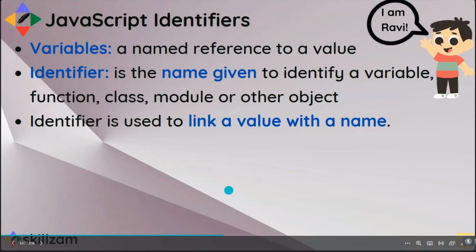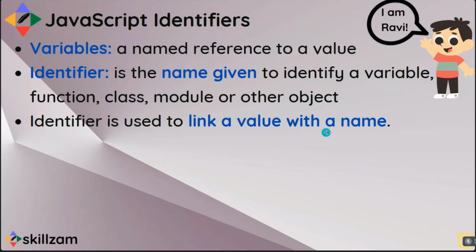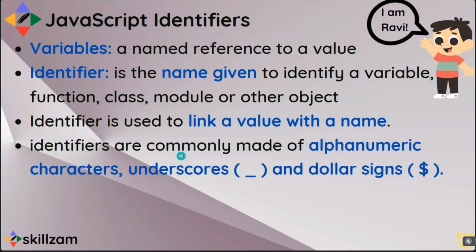So an identifier is used to link a value to a name. That is the case with a variable. And how do you name an identifier? They are always made up of alphanumeric characters. It can have an underscore, and it can have the dollar sign. That is the naming convention.